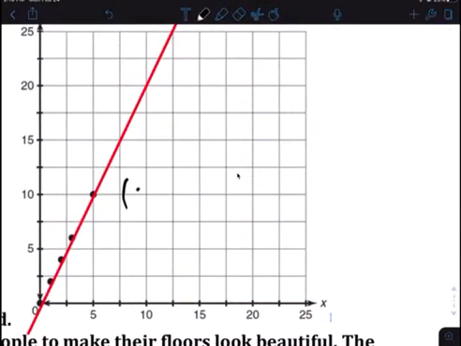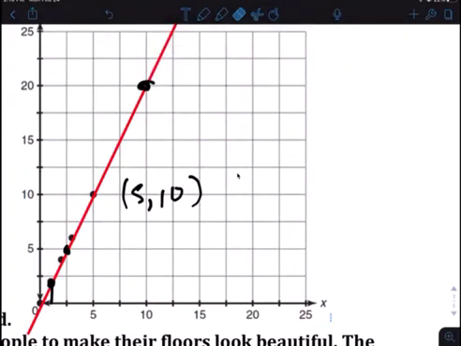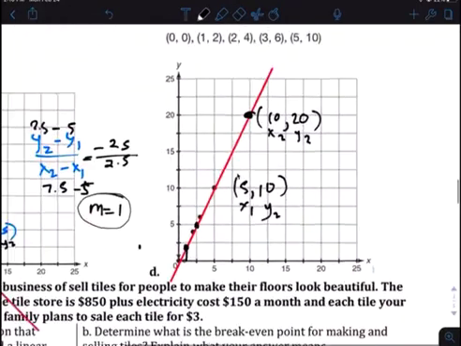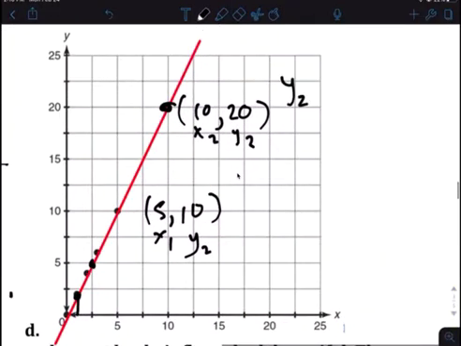And you do the last one the same way. I'm going to choose 5 and 10, that's one of them. And I'm going to choose 10 and 20 right there. I don't need to use the one that's already dotted, I can use my graph. That one is 10 and 20, x sub 2, y sub 2. Then find slope: y sub 2 minus y sub 1 over x sub 2 minus x sub 1.